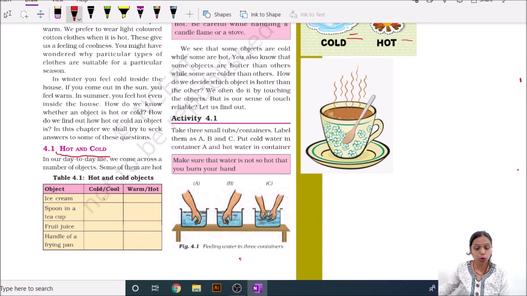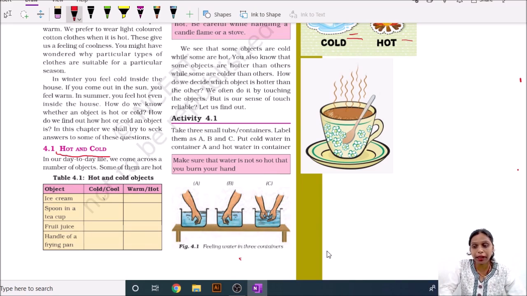Fruit juice, you feel that it is cold. Whereas whenever you touch a frying pan, you feel that it is hot. Some objects are cold, whereas some objects are hot. You can see such experiences in your day-to-day life.